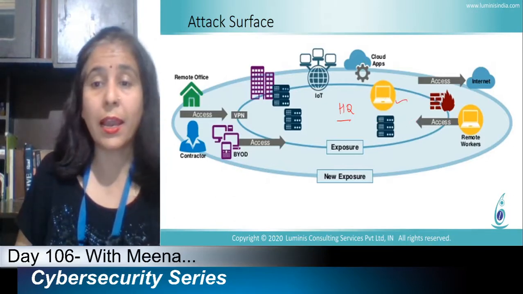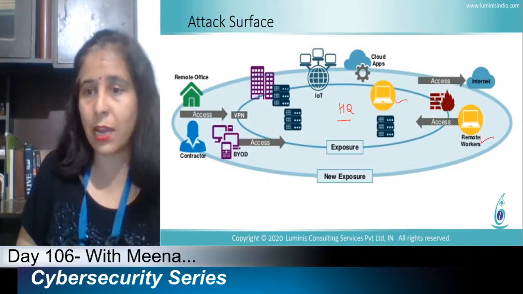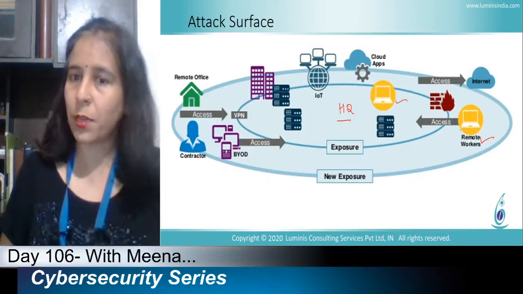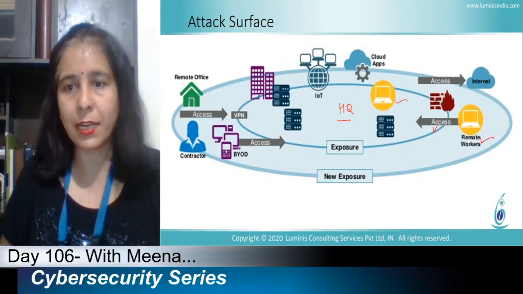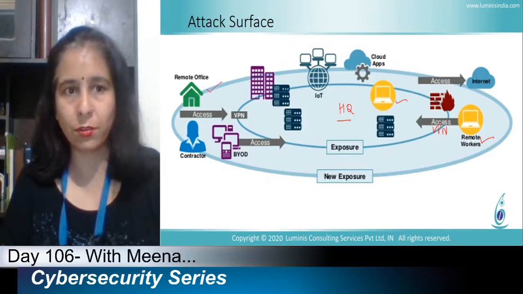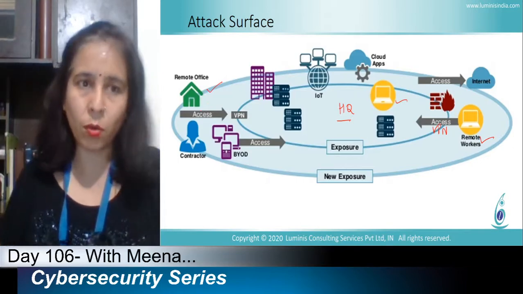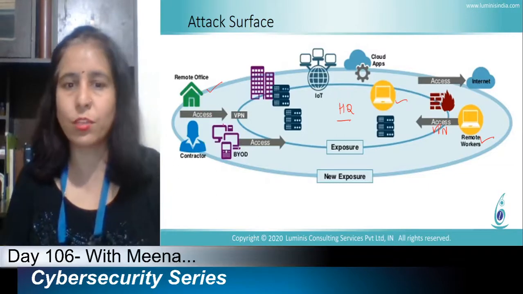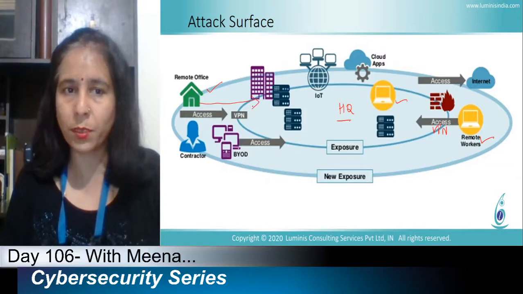There are users accessing that corporate network remotely, through a VPN, and there is also the remote office, a branch office, accessing the corporate network.